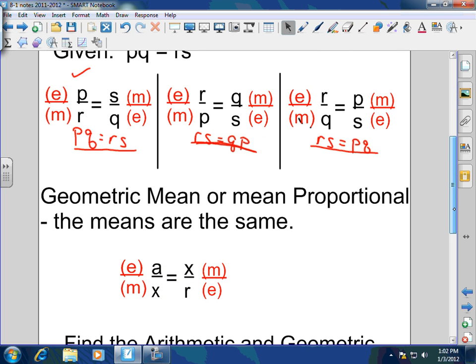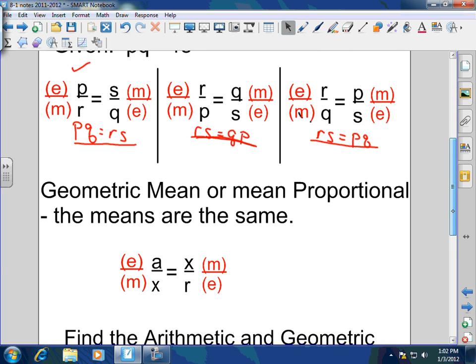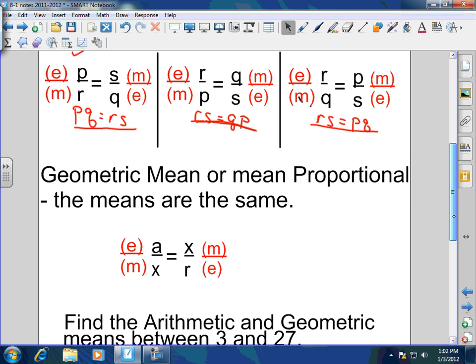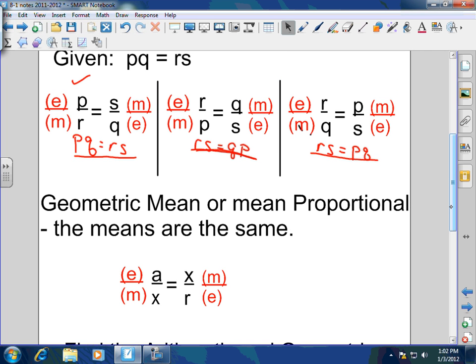Now, using this means extremes theorem helps us out a lot for trying to figure out what's called the geometric mean or mean proportional. It does not mean that it's angry. It's just the mean as far as what the average is.